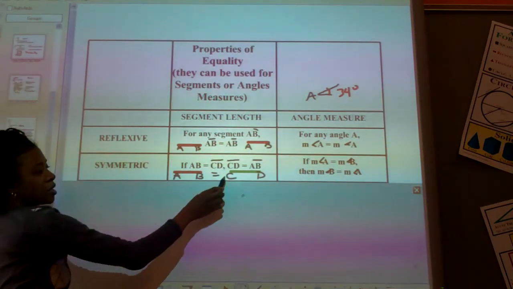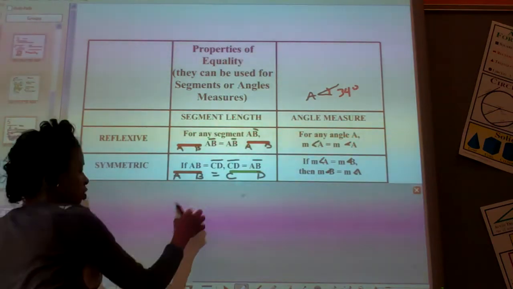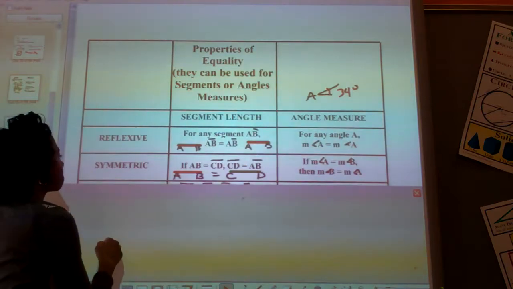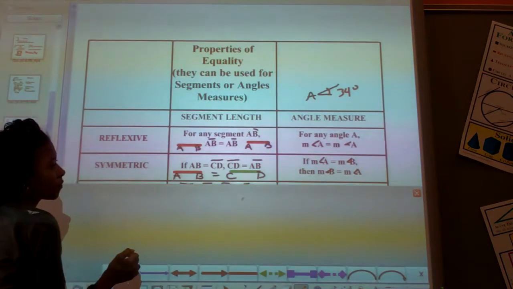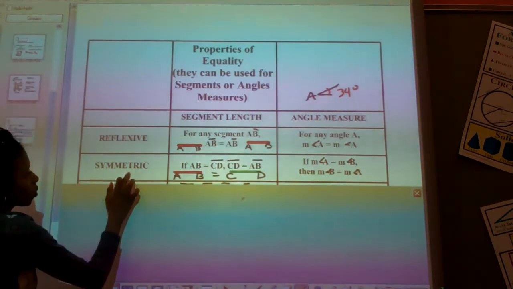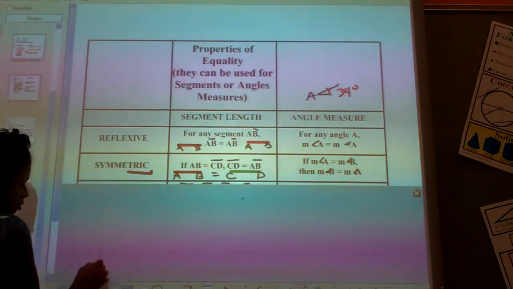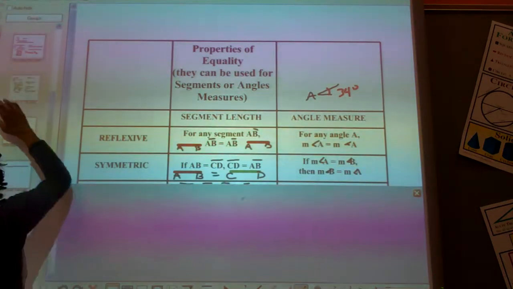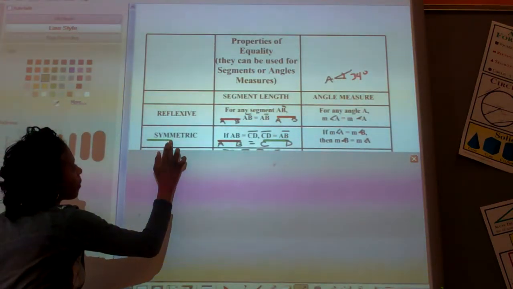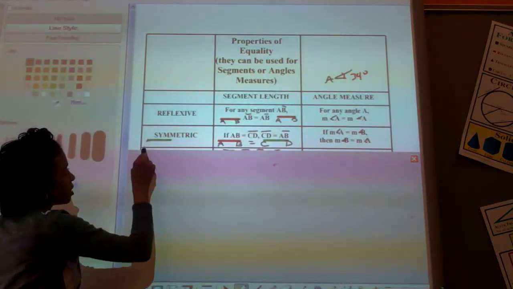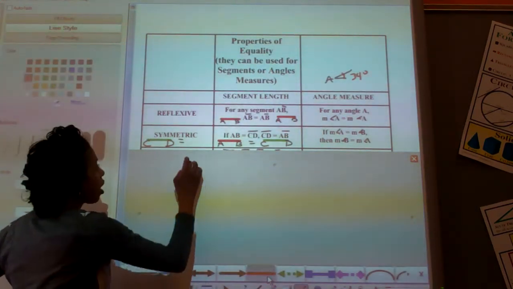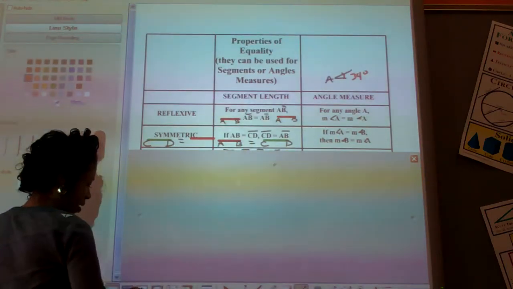If segment AB is equal to segment CD, I can switch this around and say segment CD is equal to segment AB.